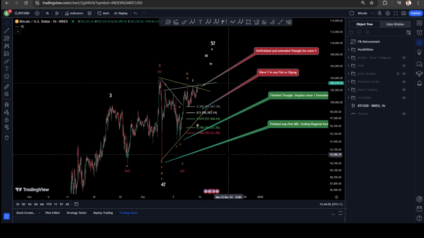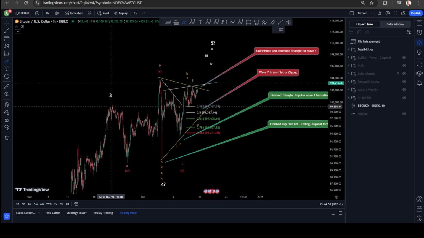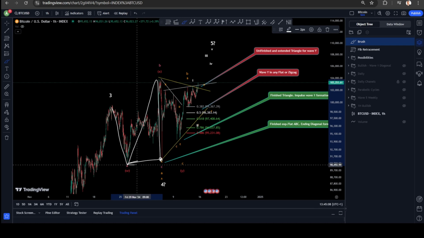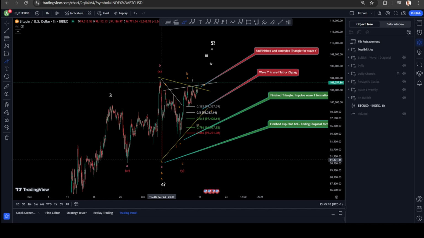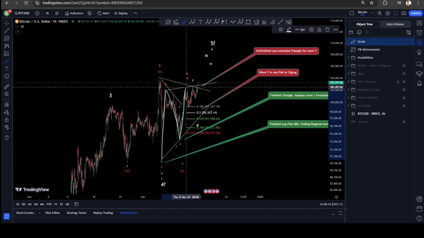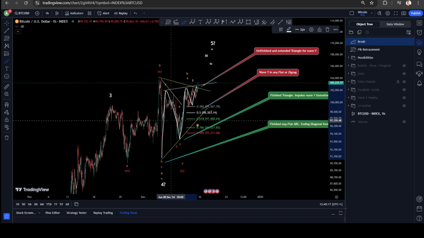Your second bullish scenario is you have finished A, B, and a C here as kind of a running, expanding flat. Because we didn't take the low here, so it might be a running flat. And then you have started to create a 1, 2, 3, 4, and a 5 as a leading diagonal.